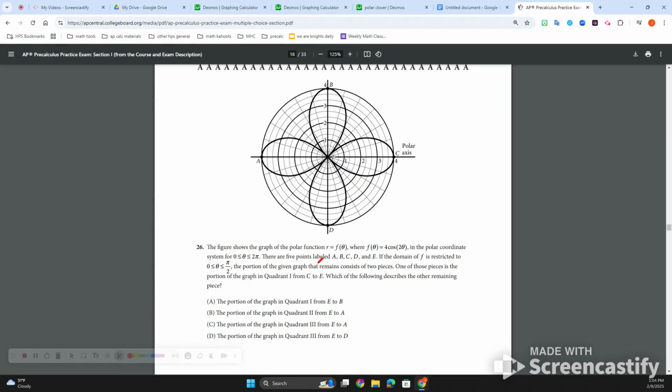If the domain is restricted to 0 to pi over 2, the portion of the graph that remains consists of 2 pieces. One of those pieces is the portion of the graph in quadrant 1, from C to E. Which of the following other pieces remain?